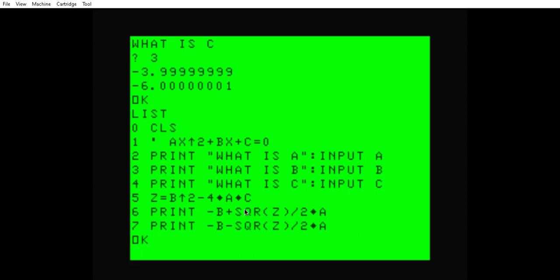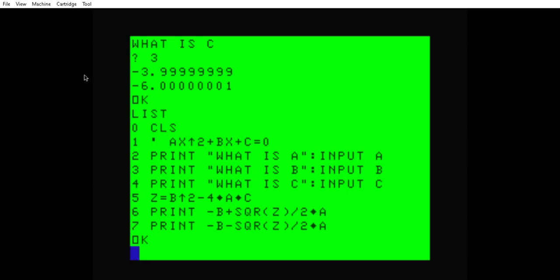Guys, I really don't know. This is frustrating. I don't know where it's getting these numbers from, but that's not right. And I'm pretty disappointed here. I don't know why it's doing this.